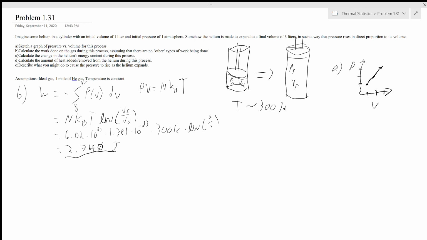Now part C wants me to calculate the change in the helium's energy content, but I can't do that yet because I don't know the amount of heat that has flowed into this yet.